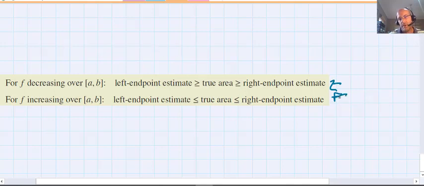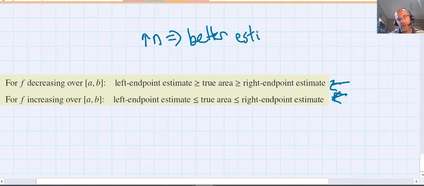That's not an F, that's an arrow, I'm sorry. We found out increasing the number of strips provides us with what's likely to be a better estimate. And we're going to take that to the limit, literally, in the next video. And it doesn't matter about whether the interval has negative x values or not. So that's coming up.